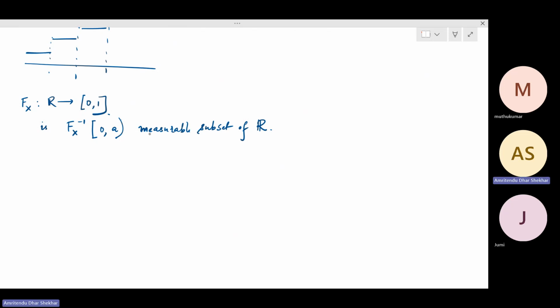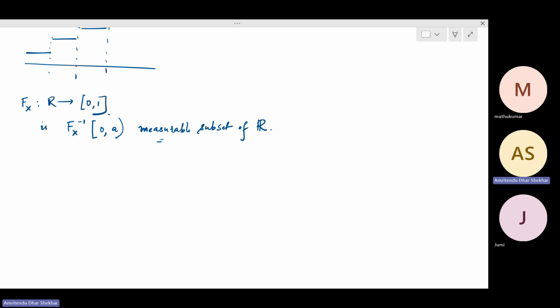And yes, the answer is yes, this is a measurable subset of R. Well, you kind of answer it in this way. So what is F_X? F_X is a non-decreasing function.